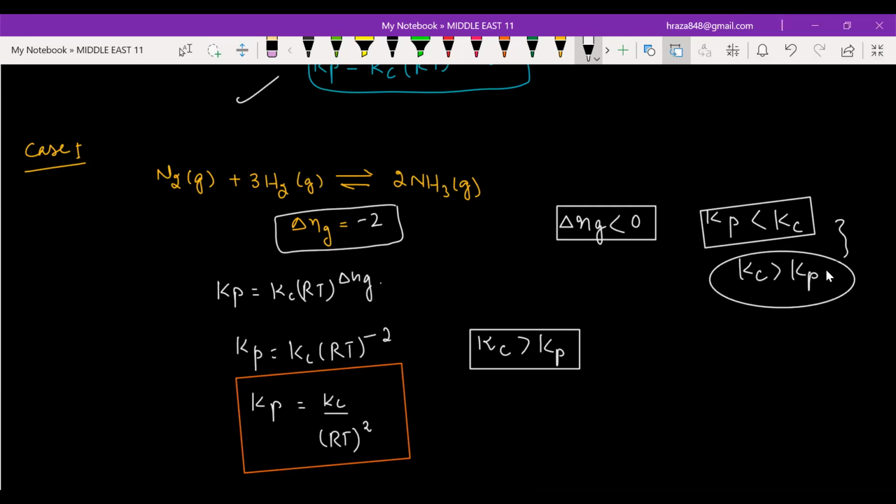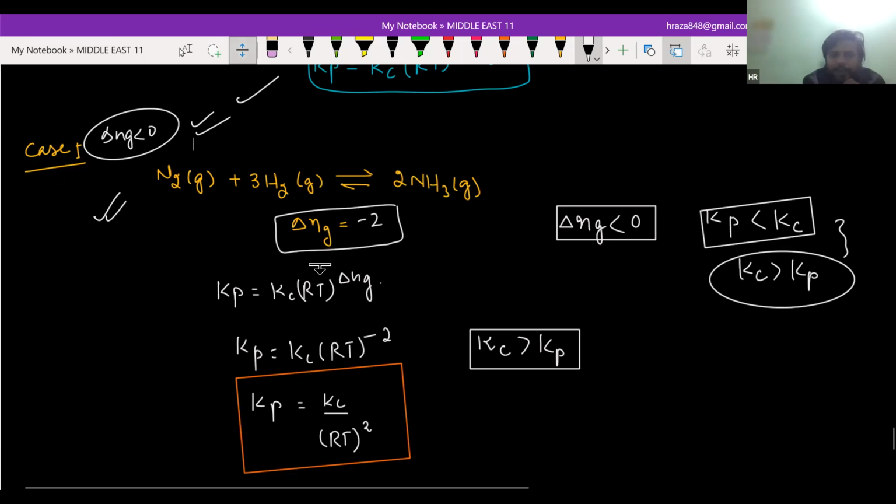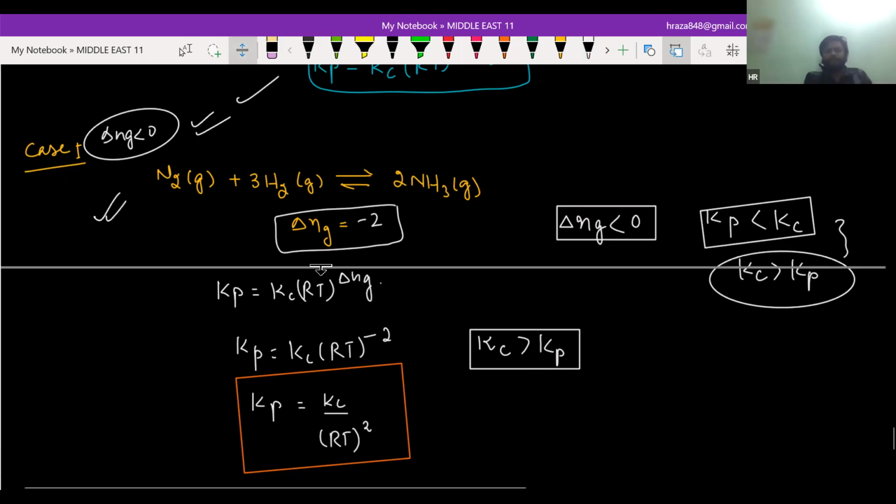Yes, sir. Fawaz, Arsalan. Yes, sir. Just write it. This is case 1, in which delta Ng is less than 0. Just write it and let me know if you are done with this.